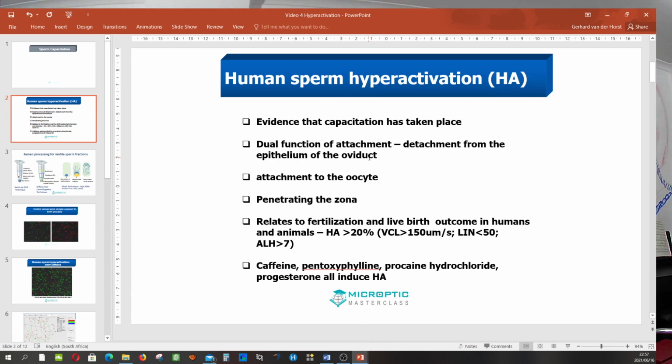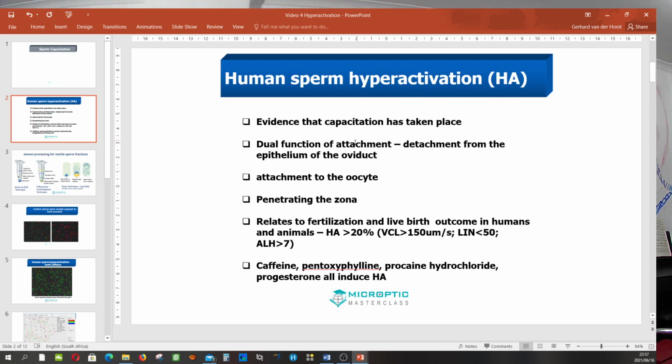In other words, it's not just to become hyperactivated to attach to the oocyte in the end and to penetrate the zona, but it first needs to land into the oviduct, and then it very quickly attaches to an oviductal cell.